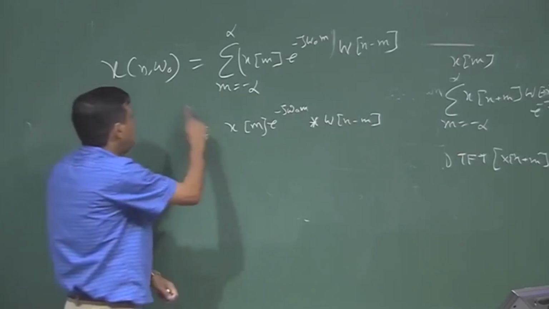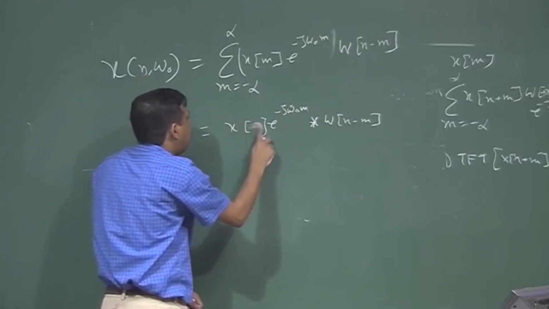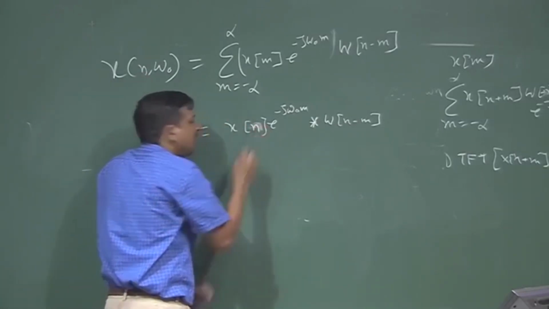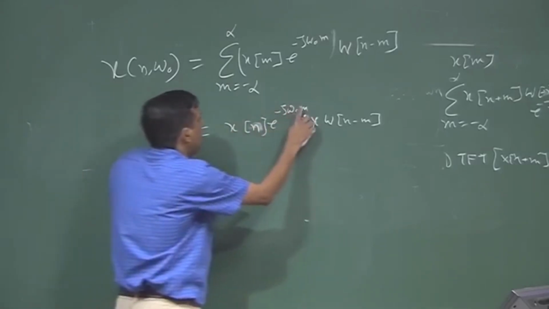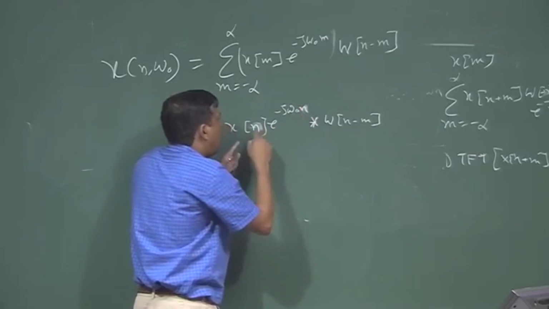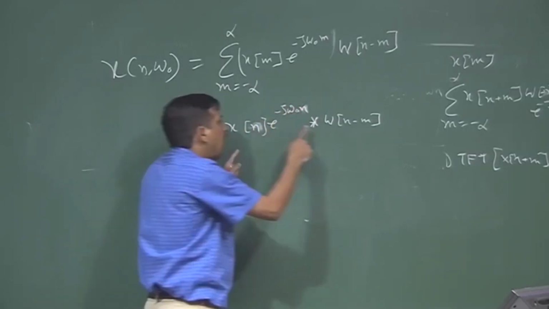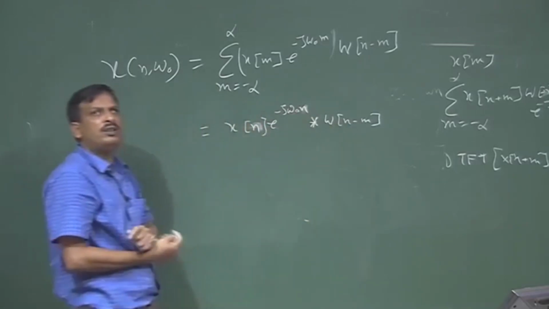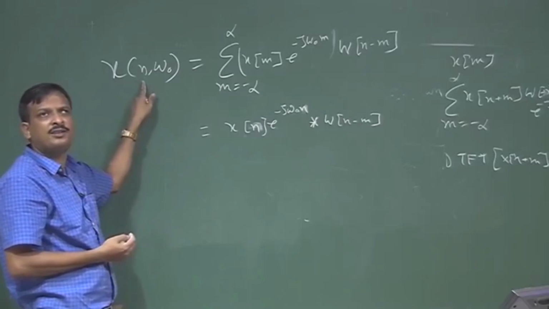If it is the nth time instant, I fix the time instant, then it is the nth portion of the signal. We find the frequency component omega 0 of the nth portion of the signal and convolve it with the window function. It is the same when the time instant is fixed.